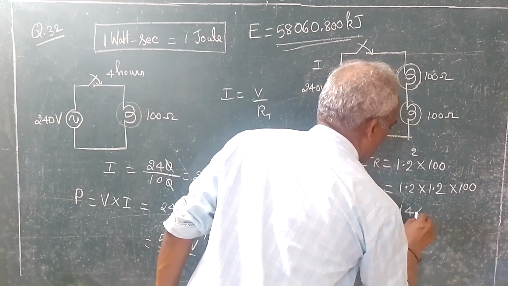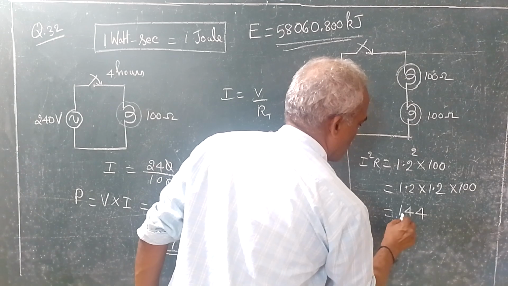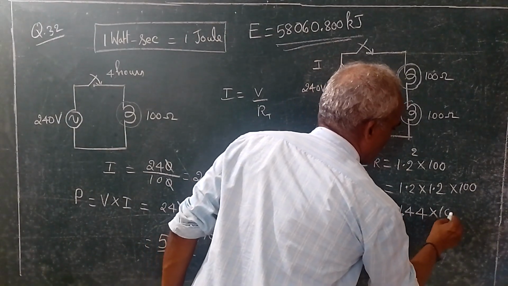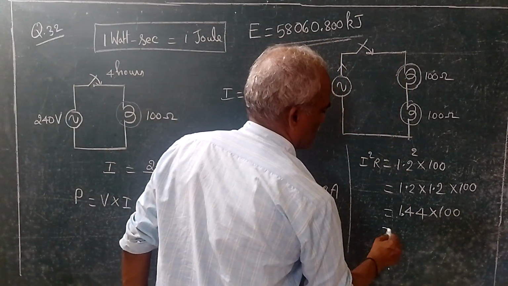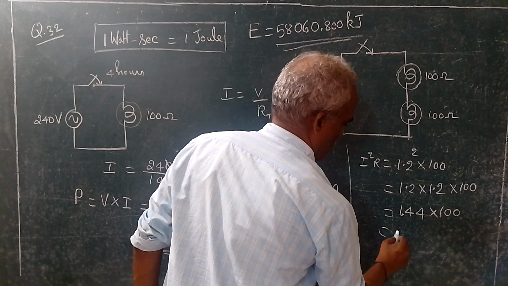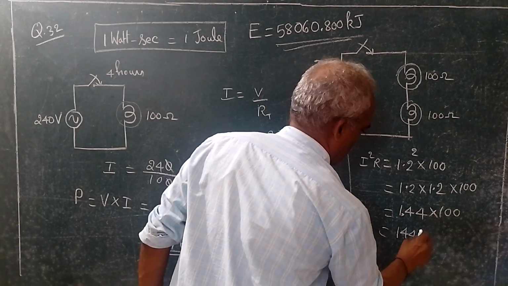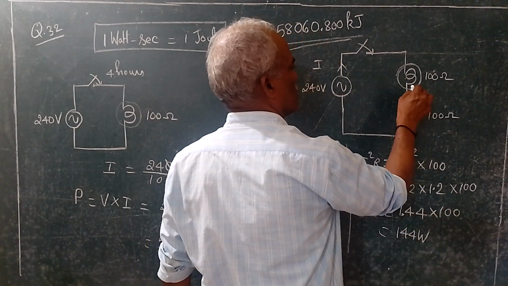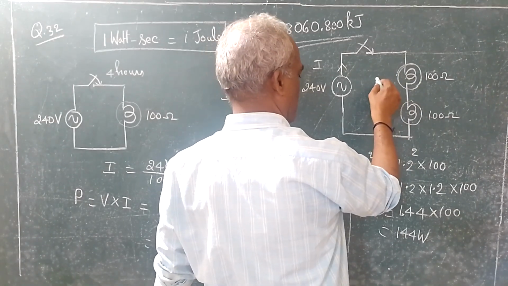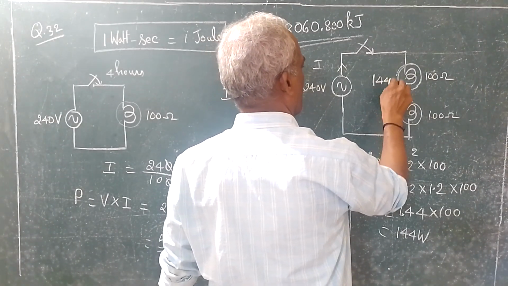So 144, you have to place two decimals. So 1.44 into 100. That is, when you multiply, you will get 144 watt. So for this bulb, the power is 144 watt.